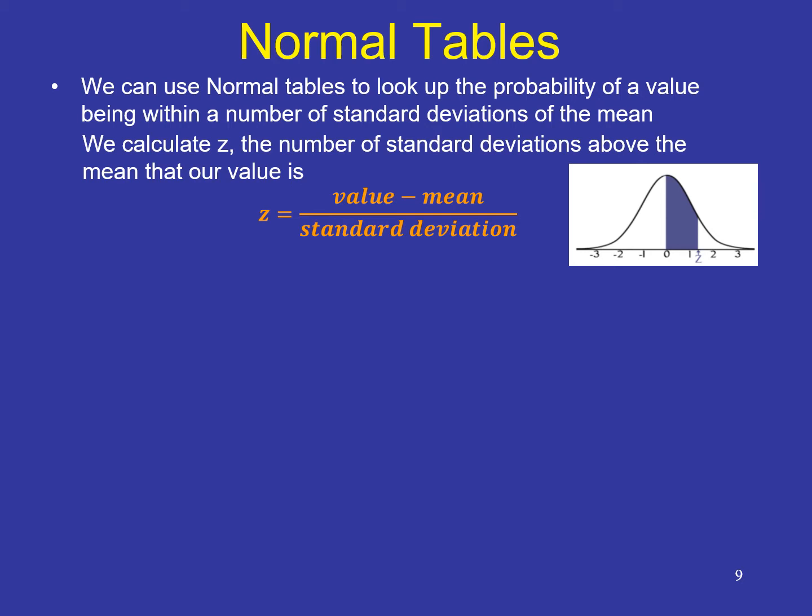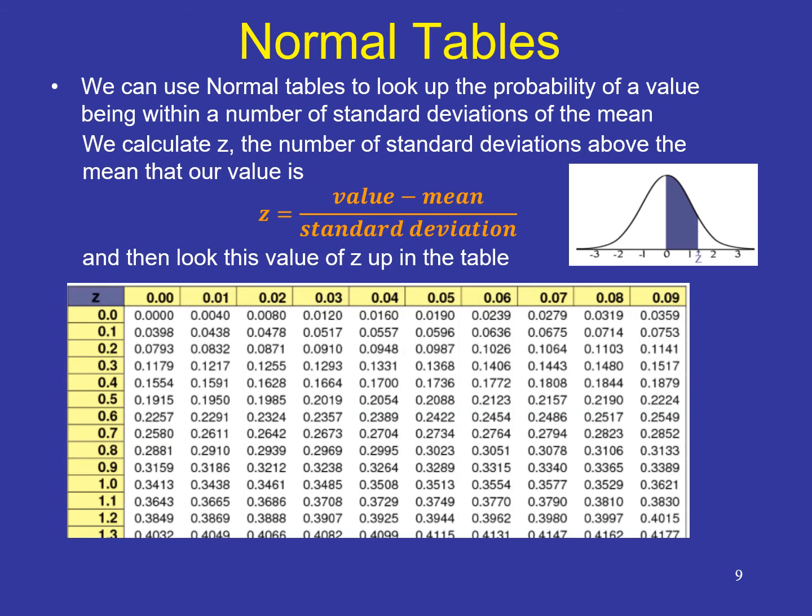So that gives us something called Z. So Z is the number of standard deviations above the mean. We then look up this value of Z in our table, and that will give us the probability. So, for example, if we wanted to find a value which is less than 1 standard deviation above the mean, we'd look up 1 in our table, and then we look at the corresponding probability, which is 0.3413.